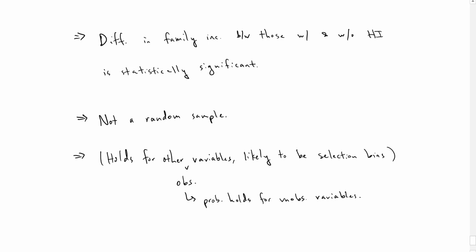And so we don't have a random sample, so it's inappropriate to try to look at the difference in means in health outcomes between those with insurance and those without insurance. That provides you no information about the effect of health insurance on health, because you're not comparing similar groups.